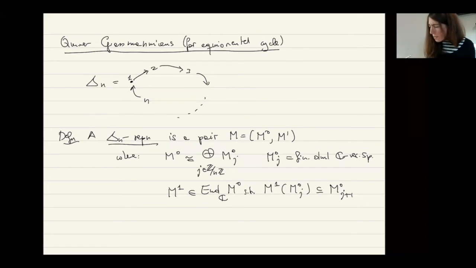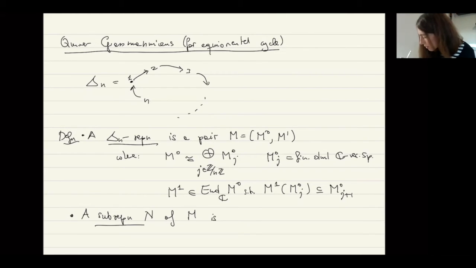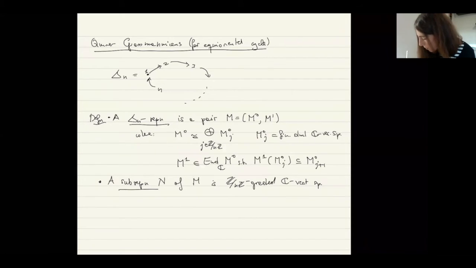A subrepresentation instead is just a Zn graded vector space. A subrepresentation N of M, a Delta n representation, is a Zn graded C vector space, meaning N is the direct sum of some Nj, such that this is compatible with the grading on M0.